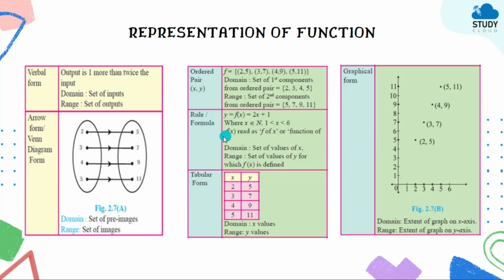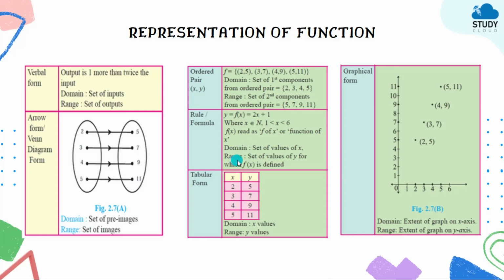Next is the rule or formula. y is equal to f(x), and it is equal to 2x plus 1, where x belongs to natural numbers and x is between 1 and 6. That is, x is greater than 1 but less than 6. f(x) is read as f of x or function of x.